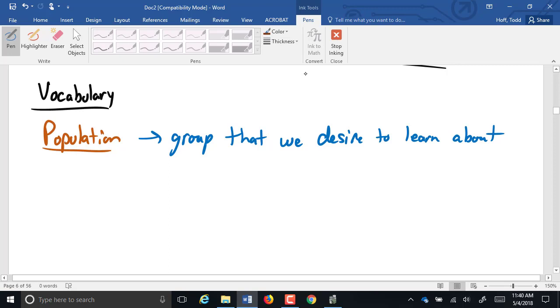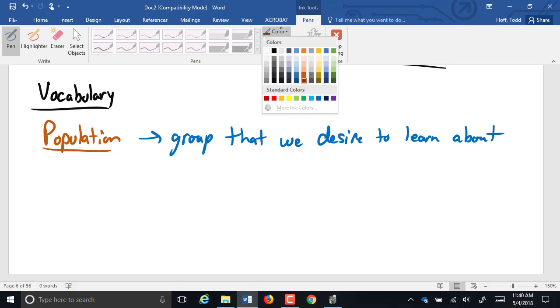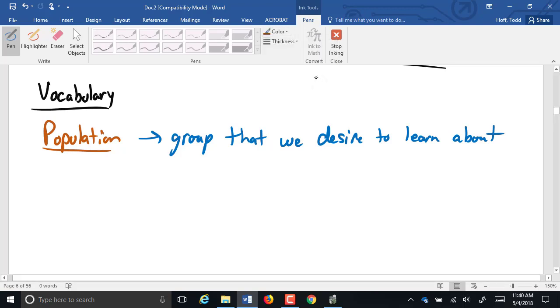Now, the idea of a population seems pretty simple, but it's often kind of tricky to define a population. For example, let's say that we want to learn about the next citywide school board election.